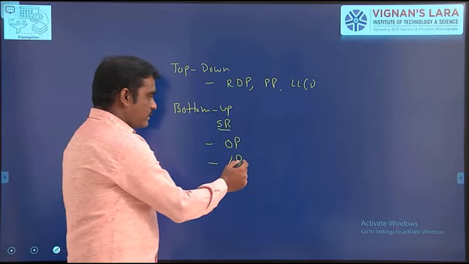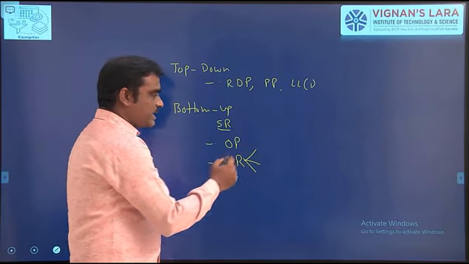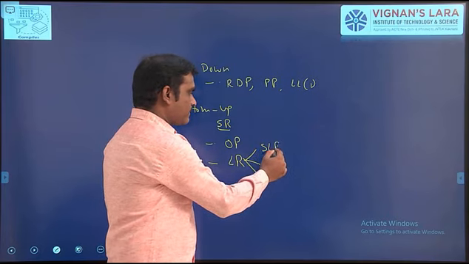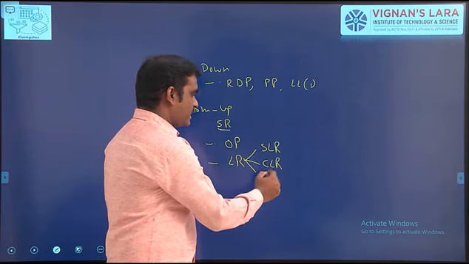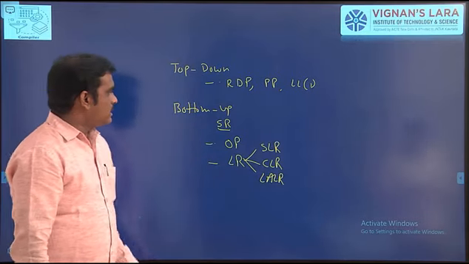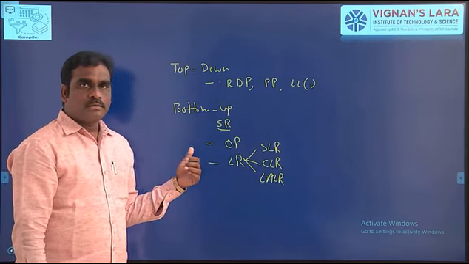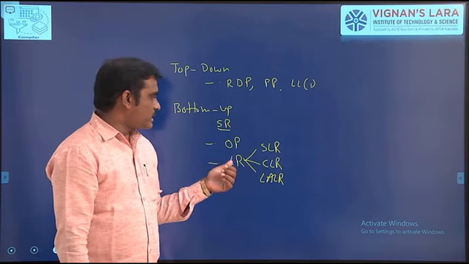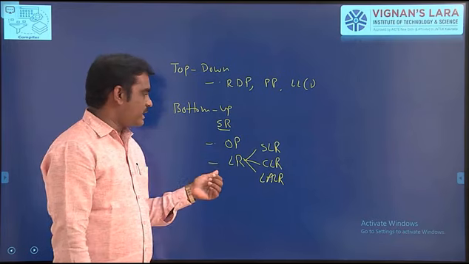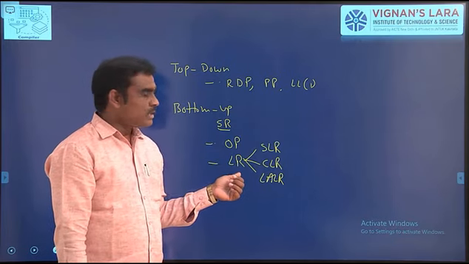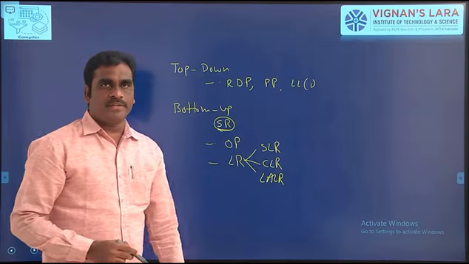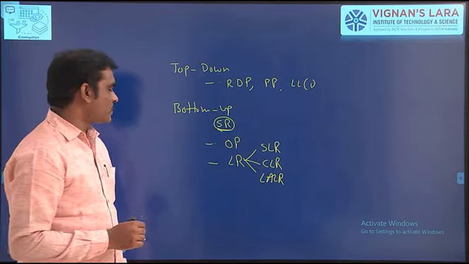Here there are three types of LR parsers: one is SLR, second one is CLR and third one is LR. So in this class, we will see what is meant by shift reduce parser.